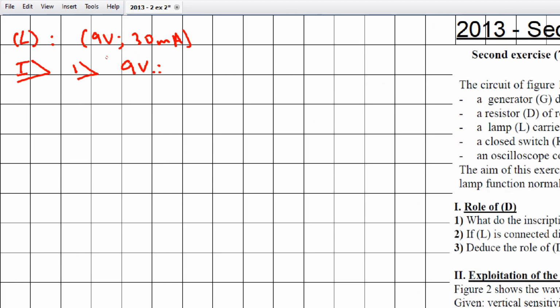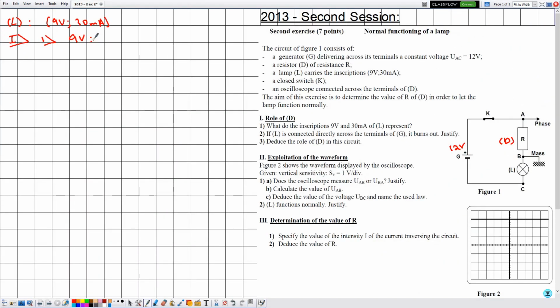Now because volts is the unit of voltage, this is given by the rated voltage of the lamp L, under which it functions normally.